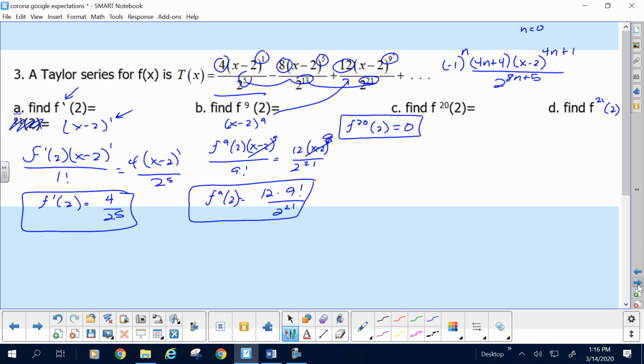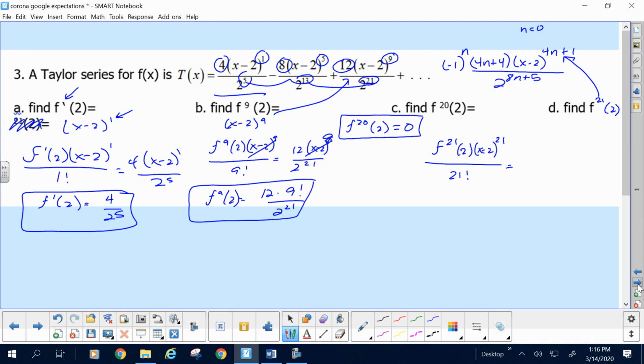Now, I need to figure out what the 21st term would be. So the 21st power of x minus 2, generally speaking, by the Taylor series formula would look like that.